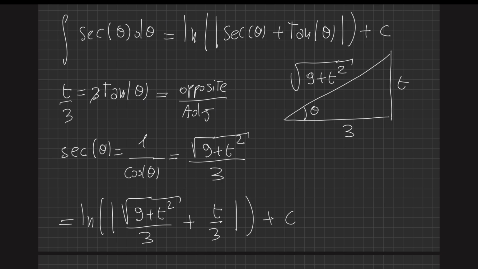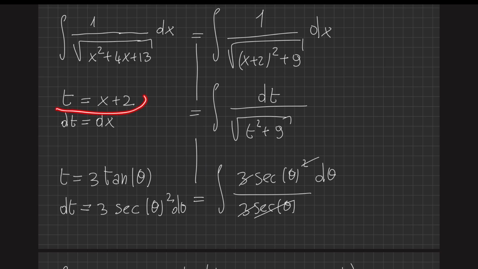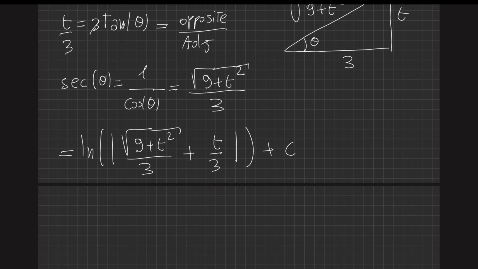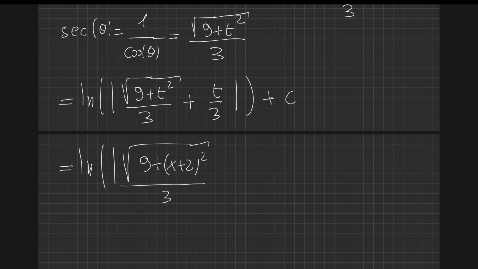And now we have to remember the last step, because at the very beginning we set t equal to x plus 2, which means that now we can rewrite this integral as the log of the absolute value of the square root of 9 plus (x plus 2) squared, divided by 3, plus (x plus 2) over 3, plus a constant.